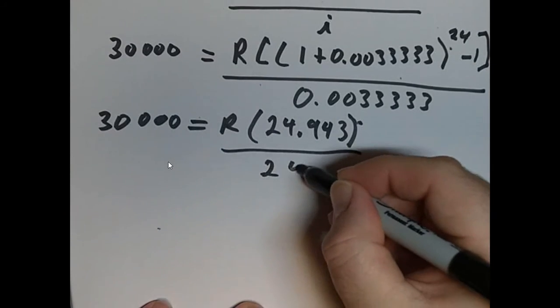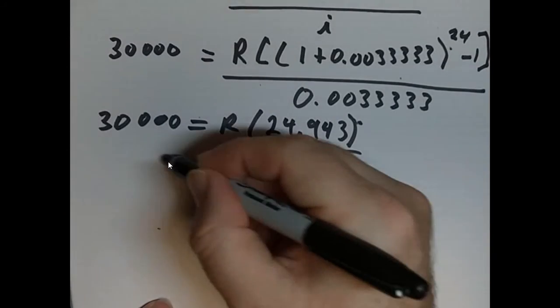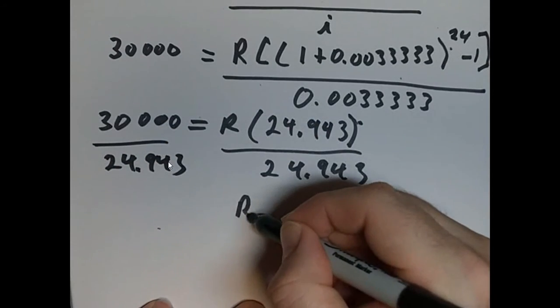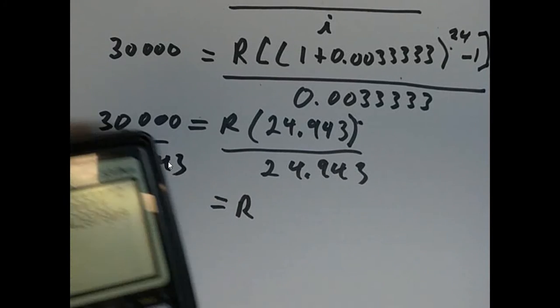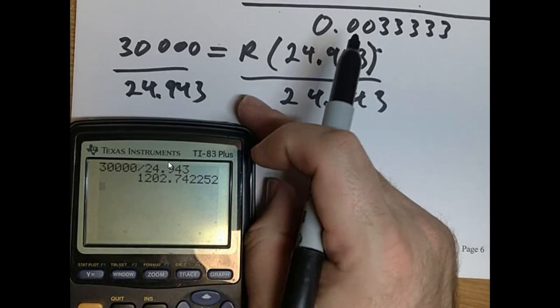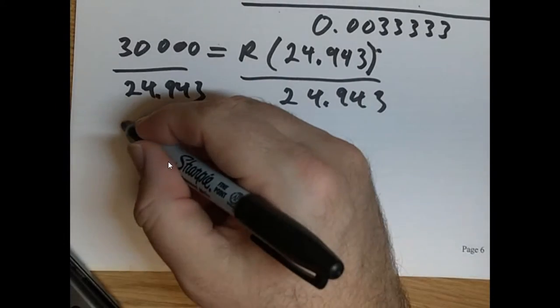Now we're going to divide both sides by 24.943. And our R equals, so let's get our calculator here again. Clear that. 30,000 divided by 24.943 equals 1202.74.